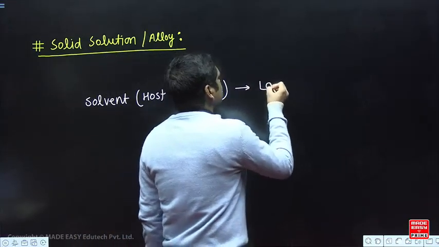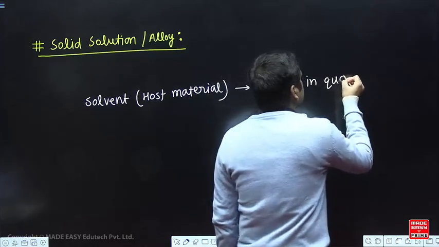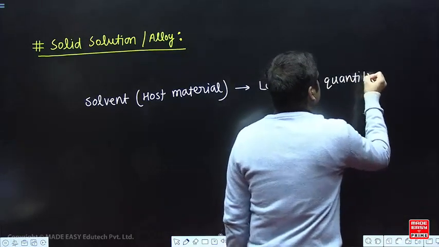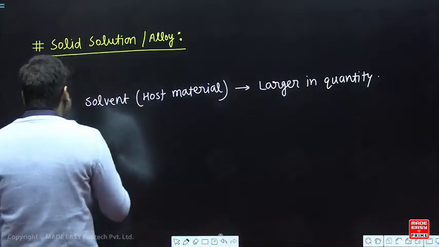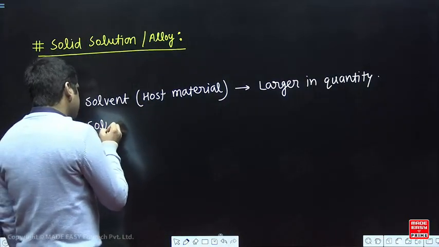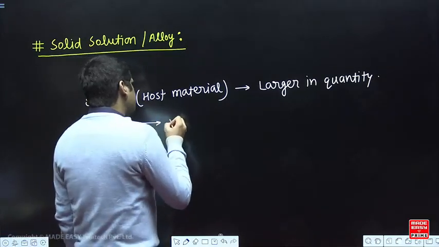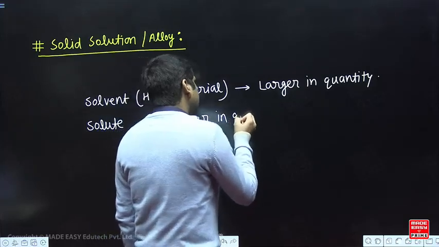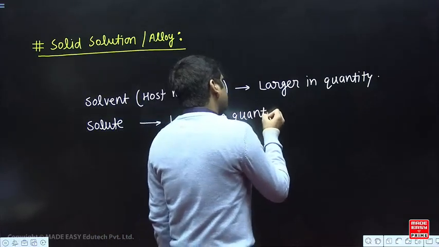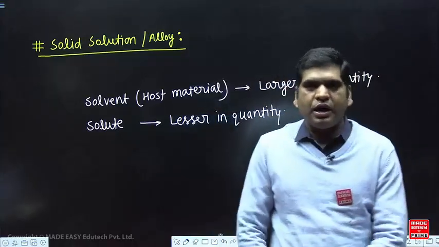So it's larger in quantity. The material which is larger in quantity will be known as solvent. The other term is solute. It is lesser in quantity. In fact, solute will dissolve into solvent to make a solution.